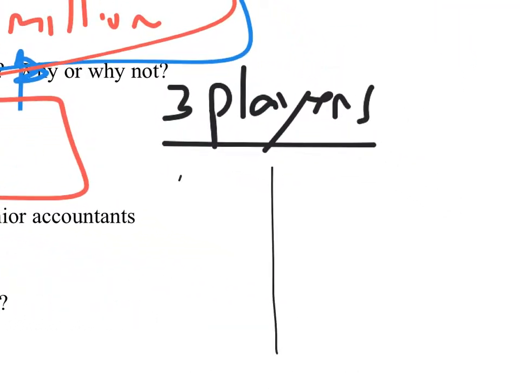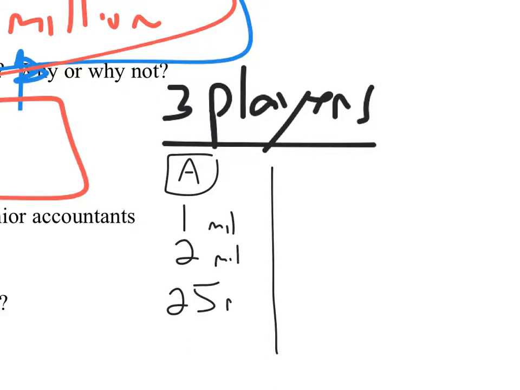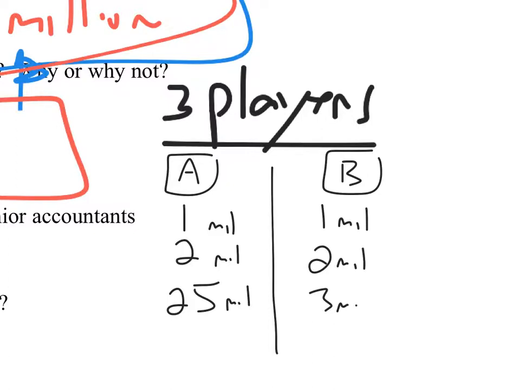Let's say Team A has players that made 1 million, 2 million, and 25 million. Let's say all these data values are in millions. So Team A has 3 players, and those are their salaries. Team B also has 3 players, and let's say their salaries are 1 million, 2 million, and 3 million.